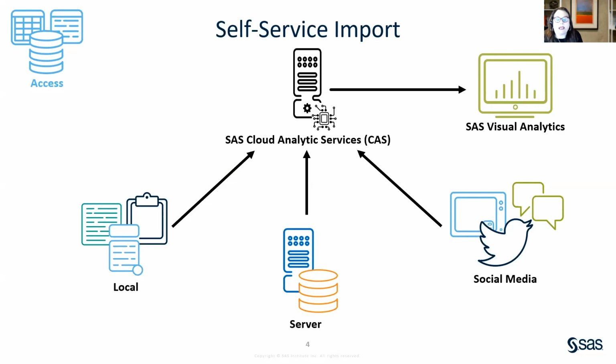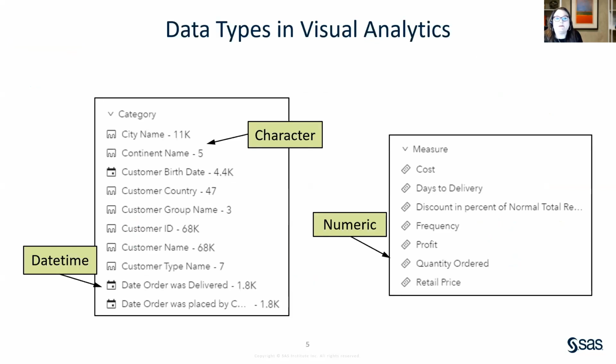Once the data gets into Visual Analytics, then it's broken down or categorized into two types. It is either categorical data or measure data. So it's character data and numeric data, just those two types. Note that in the character or category side, we see date times.